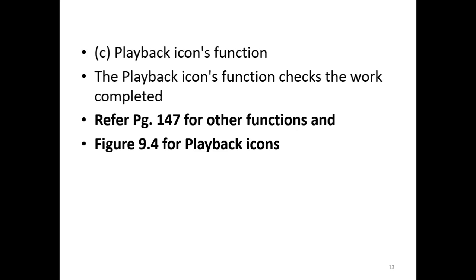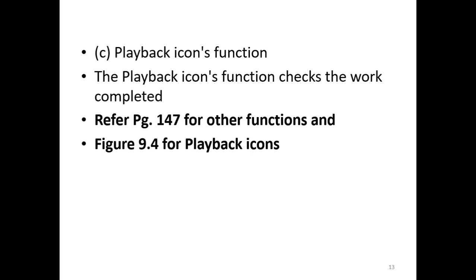And then you have the playback icons function. Again, the playback icons function checks the work completed. So once you do whatever you want with the music score, changing, editing, adding, and after that, when you want to check the completed work, you use the playback icon.